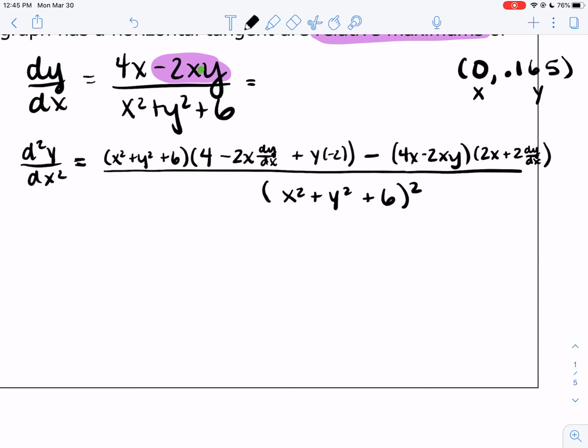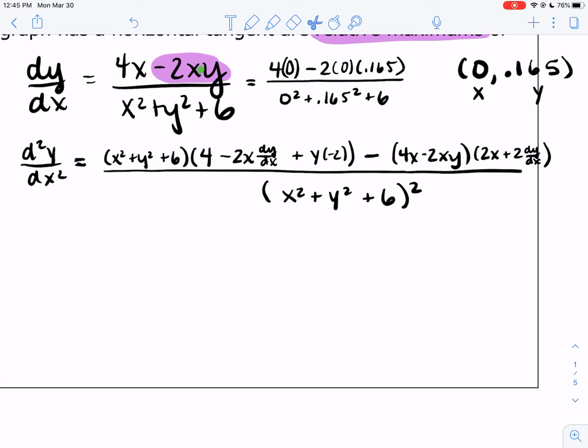If we try to figure out the value for dy/dx, we're going to plug it right into our calculator. If we start with 4 times 0 minus 2 times 0 times 0.165 all over 0 squared plus 0.165 squared plus 6.